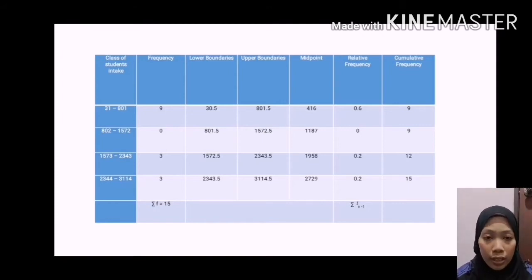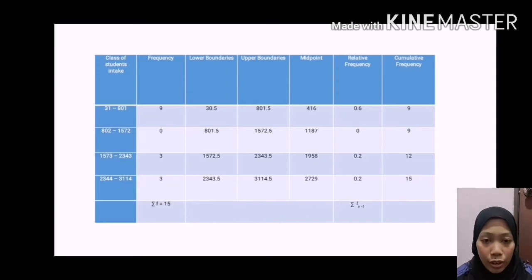So the class width is 771. Next, the next step is set the individual class limits like the table below.